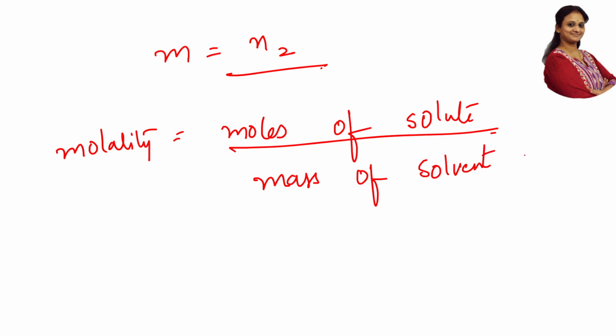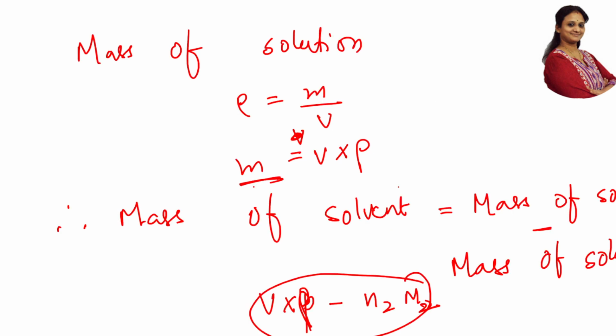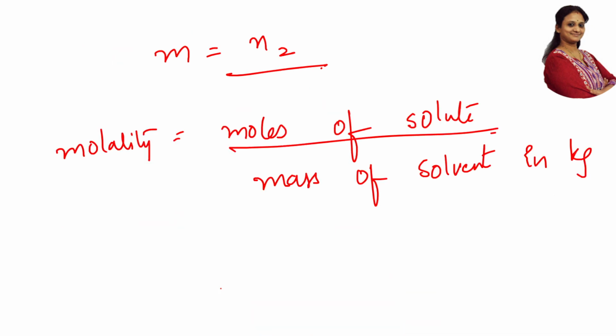Correct. This is the formula which we have already learned. Moles of solute is N2. What is the mass of solvent in kg? We got the mass of solvent, so I'm substituting that value there: V rho, density, minus N2 M2. I just substituted the earlier one in this formula.